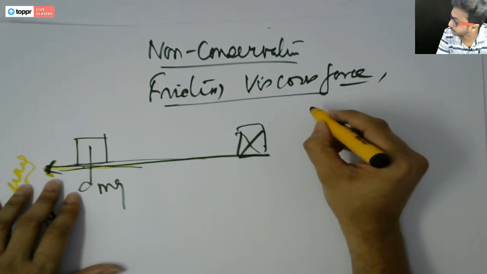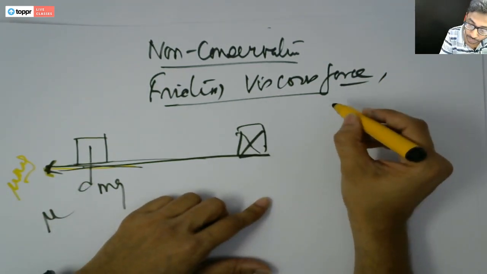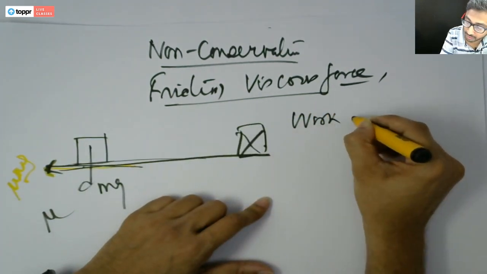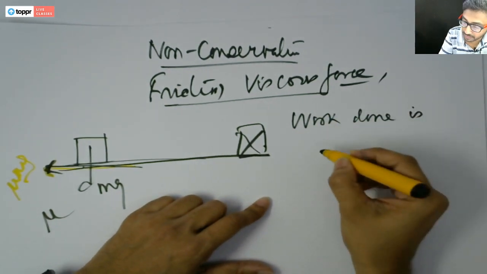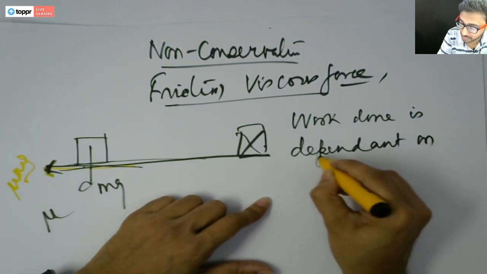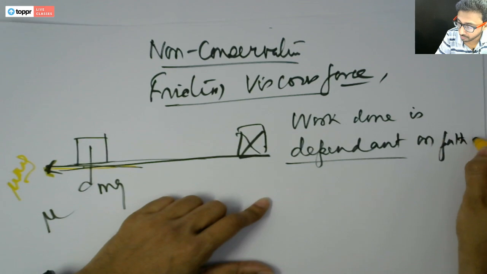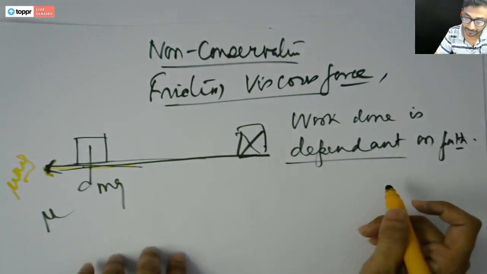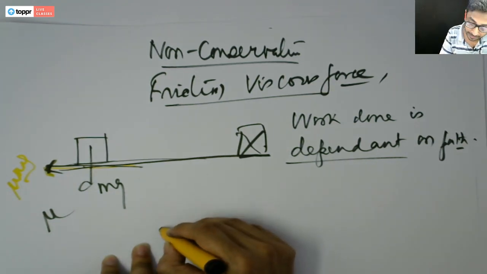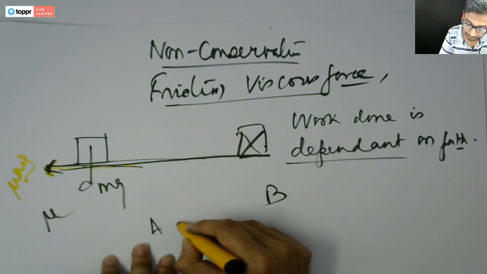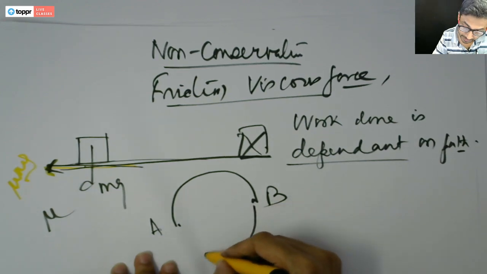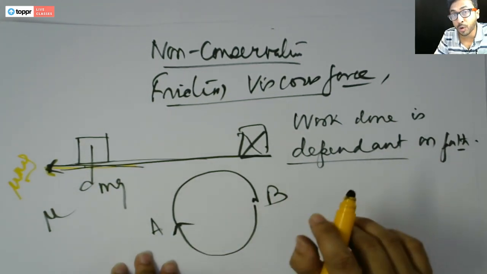So in this case, the work done is dependent on the path. Another thing, in the case of conservative force, we can easily deduce that if a body moves from this point to this point, A to B, and then again comes back from B to A, the total work done will be 0.